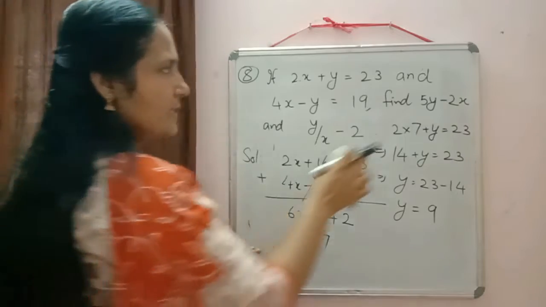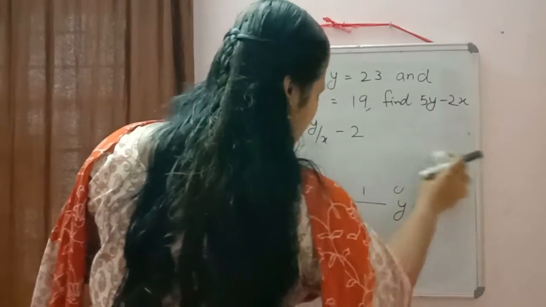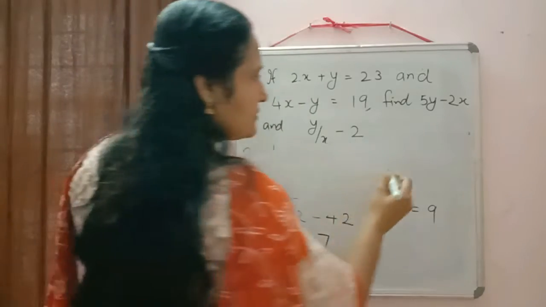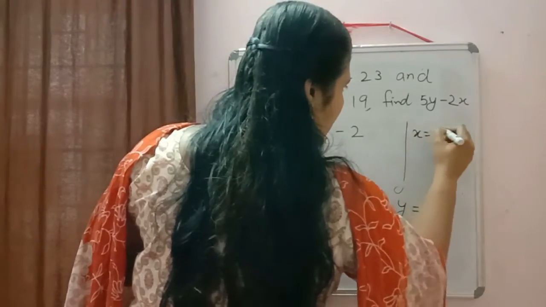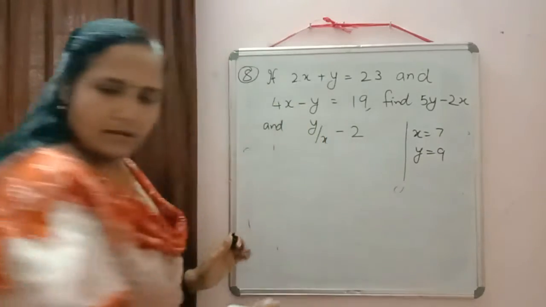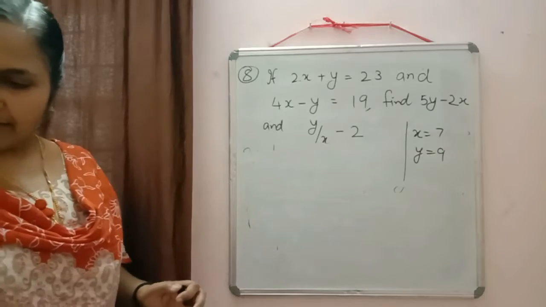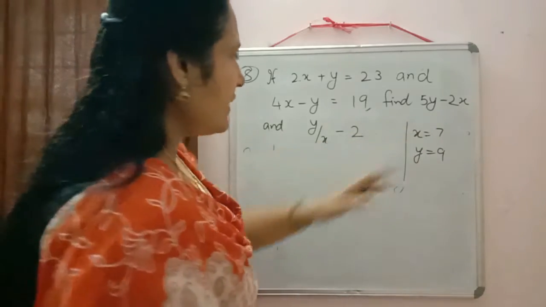Now the question is to find 5y minus 2x. Here I am writing the values x equal to 7 and y is equal to 9, which we got. Now the first thing is to find the value of 5y minus 2x.